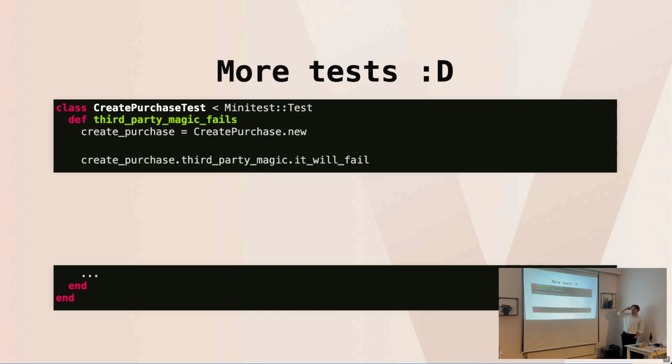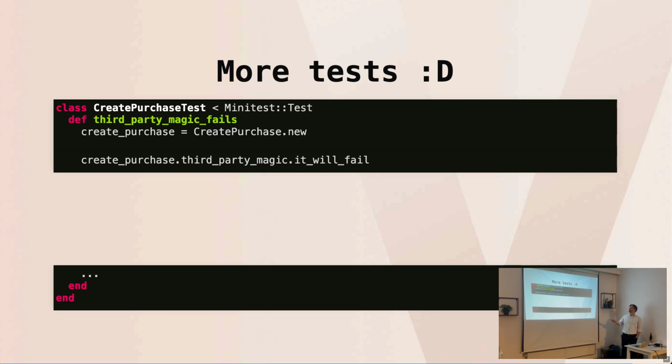So let's do another test, and this time we want a failure case. So our third-party magic fails this time. Again, an instance, and as I mentioned, we can skip those dependencies because by default they are successful. So we only need to set the one which is supposed to behave differently from the default behavior.